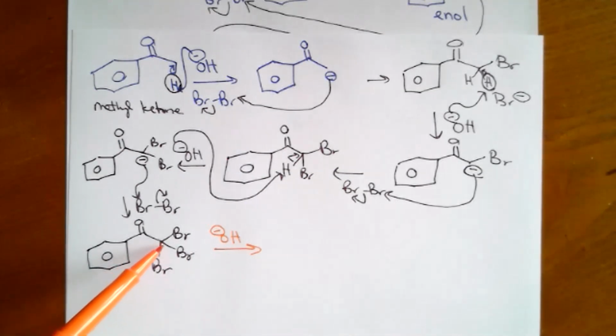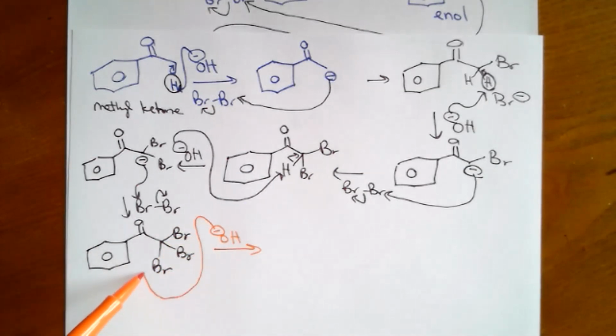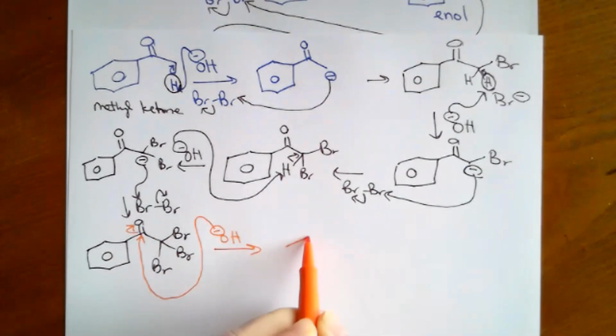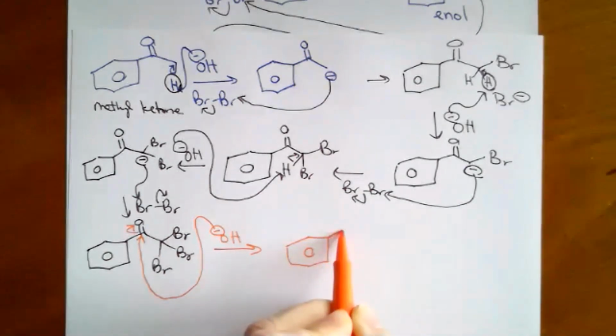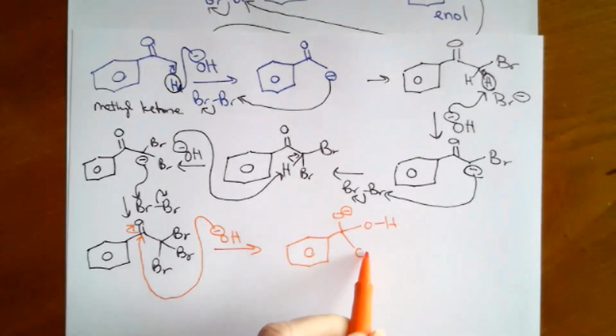Because you've replaced all of the hydrogens on this carbon with halogens, this 3 halogen thing is a decent leaving group. So we attack the carbonyl carbon this time, because this whole thing is now considered a decent leaving group. Only after you replaced all alpha hydrogens with halogens do you attack the carbonyl carbon.